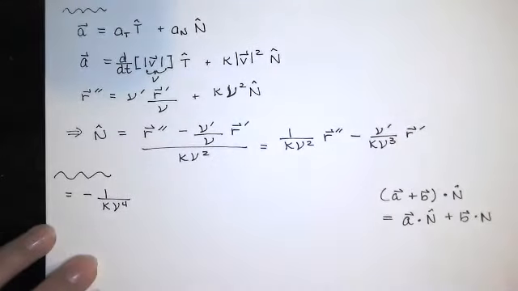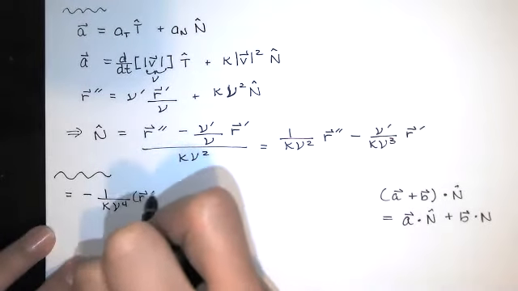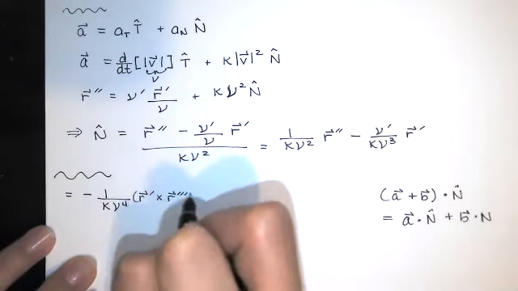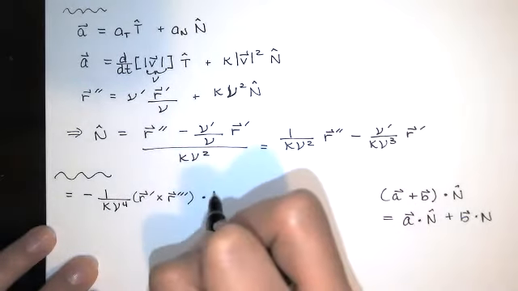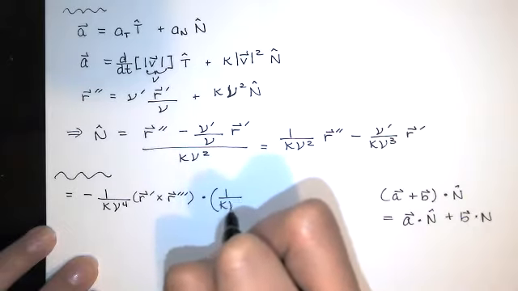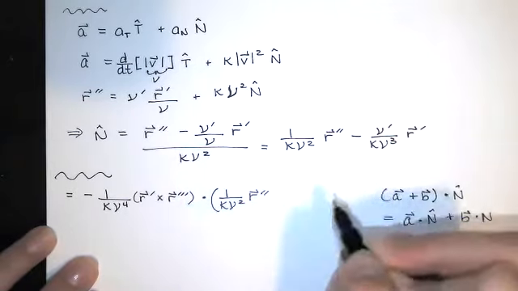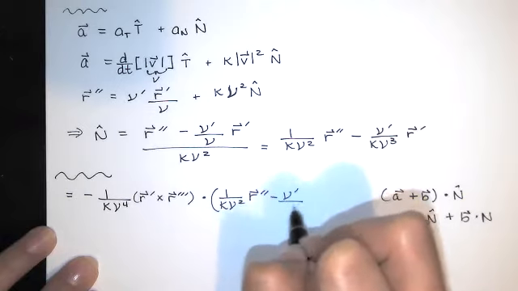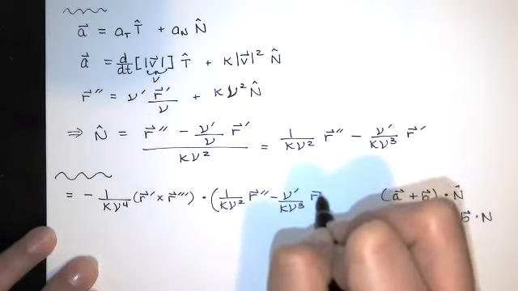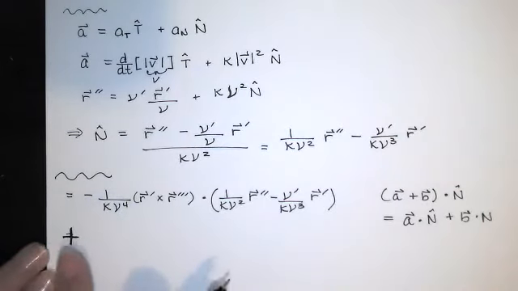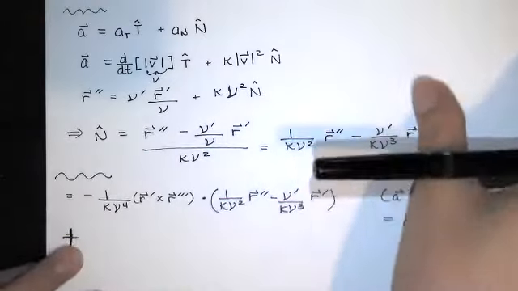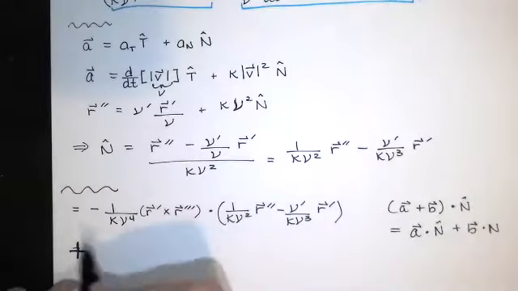So let's look at our first factor. If I take that and dot it with n hat, which is this, well, that's our first part. Then I'm going to add the second part, which is this guy.